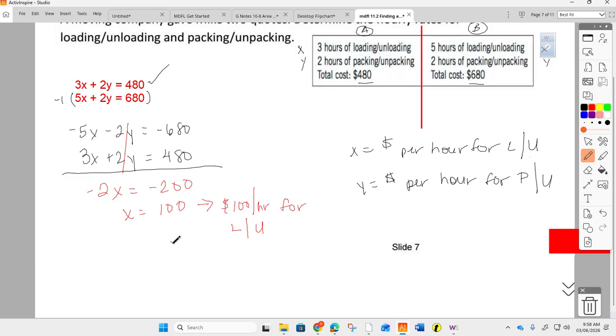So now we can find the price for packing and unpacking by plugging in 100 in one of these and solving for y. So we know x is 100. I'm going to plug into the first one. So 300 plus 2y equals 480.